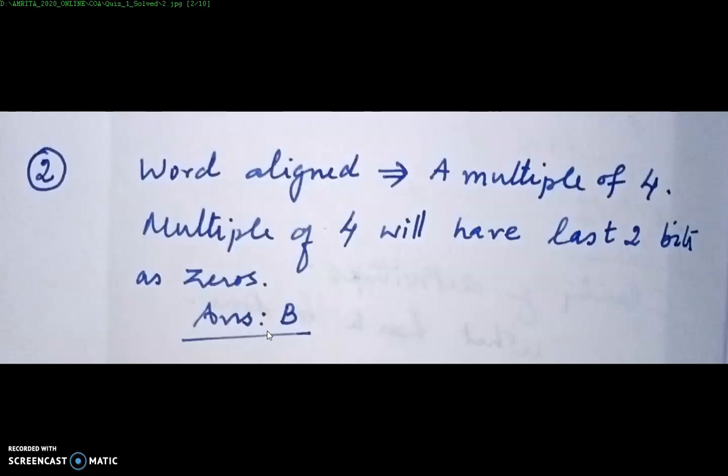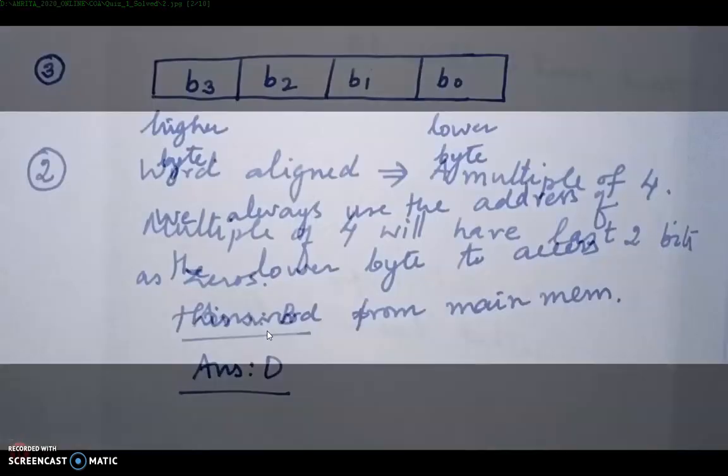So we know that addresses are assigned to bytes. So out of the 4 bytes of the integer, which byte address is used to represent the address of the integer? Usually, whenever there is a multi-byte quantity in the memory, we always use the address of the lowest byte as the address of the entire quantity.